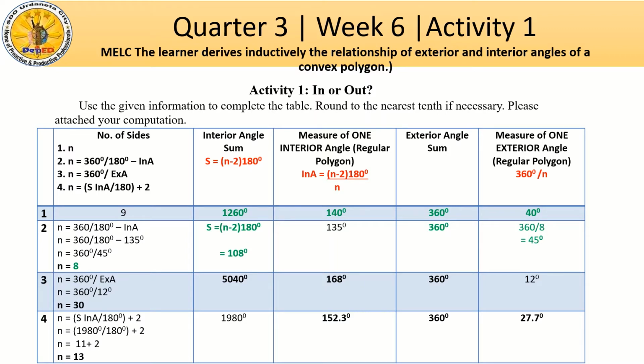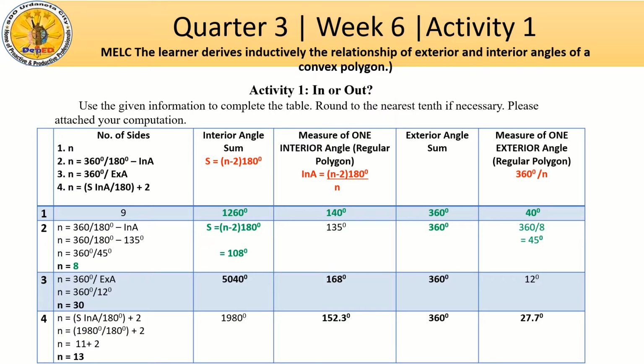So n is equal to 360 divided by (180 minus 135 degrees). n is equal to 360 divided by 45, and n is equal to 8. That is the number of sides of the polygon, which is an octagon.